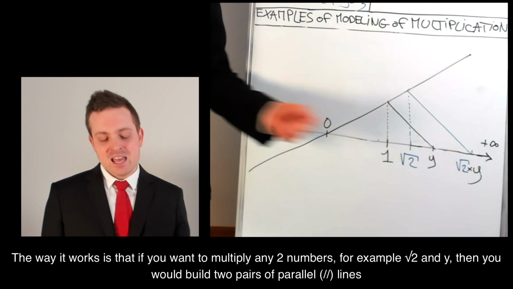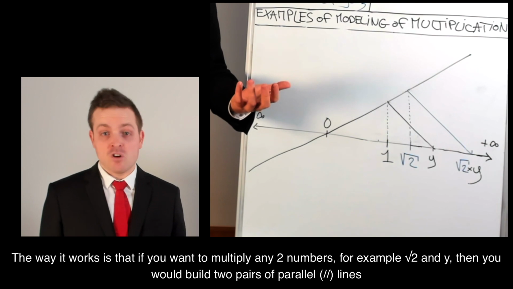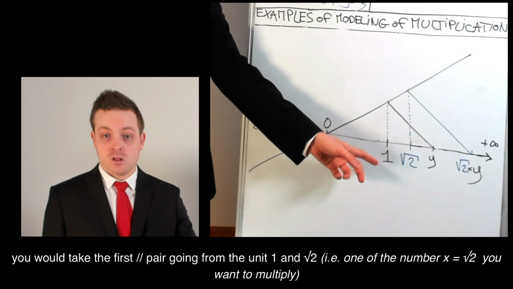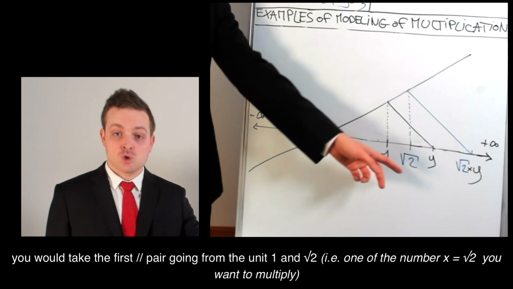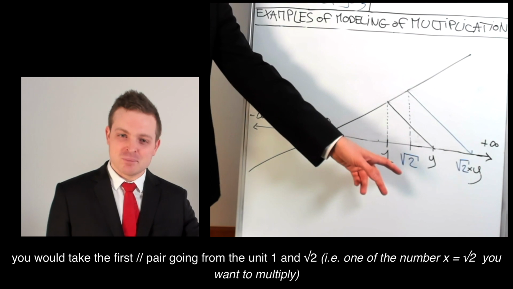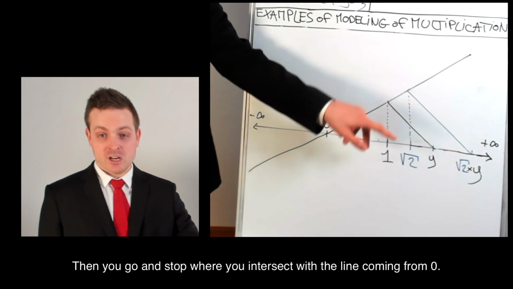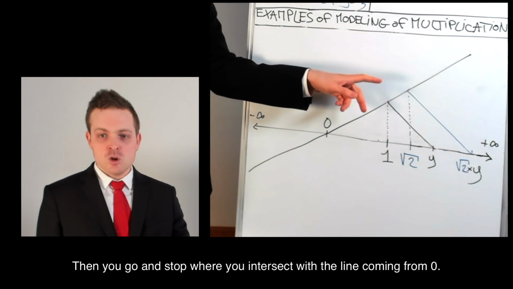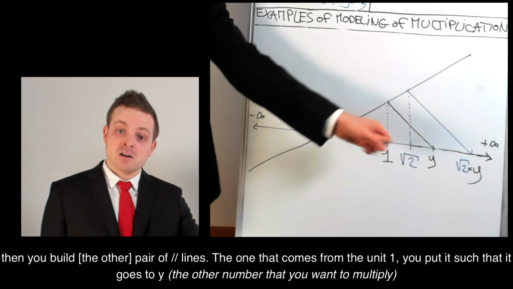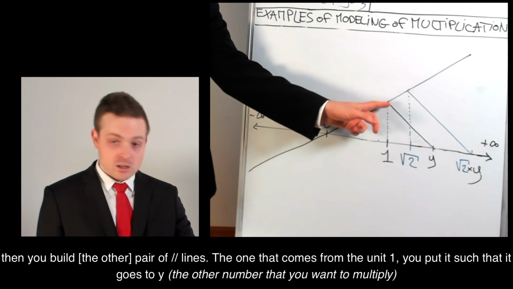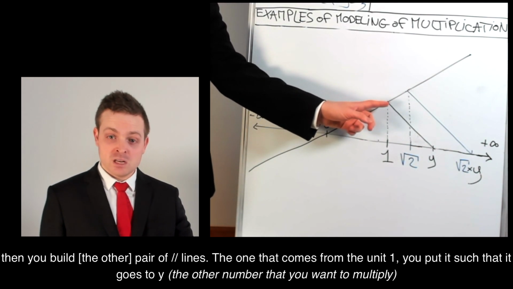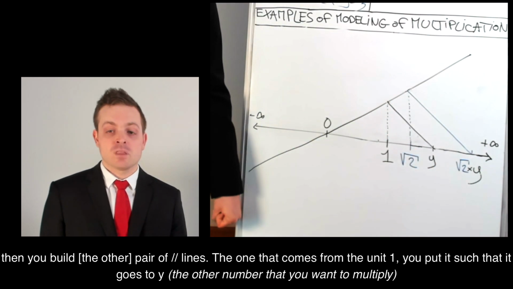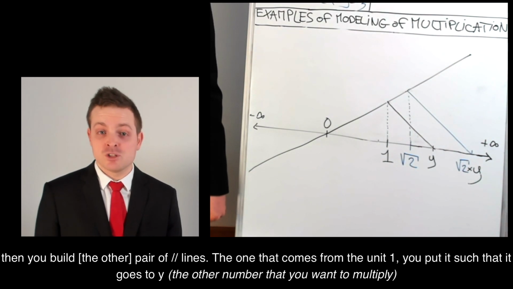The way it works is that if you want to multiply any two numbers, for example square root of 2 and y, then you build two pairs of parallel lines. You take the first pair going from the unit and square root of 2, and one of the numbers you want to multiply with the other. Then you stop where you intersect with the line going from 0, and then you build the pair of parallel lines, and the one that comes from the unit, you put it such that it goes to y, the other number that you want to multiply.